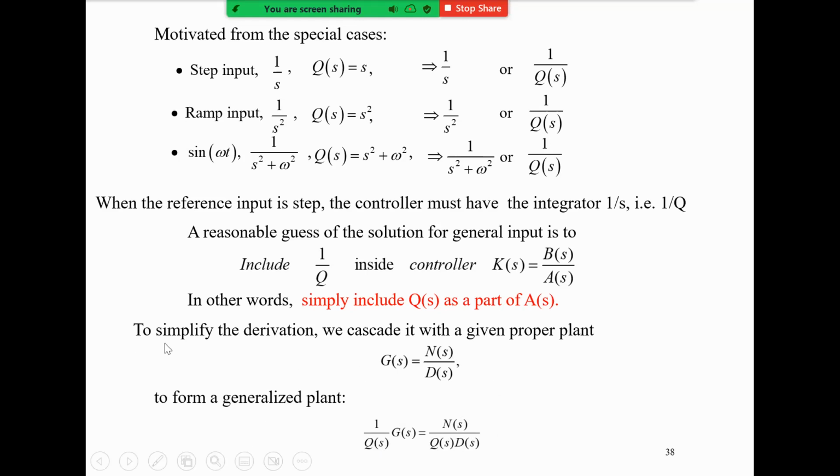Why can we do that? Because we know N, we know D, of course, because we know the transfer function. And also we know this Q because we know the reference input we want the output to follow, and what type of disturbance may impact the system. So Q is given.